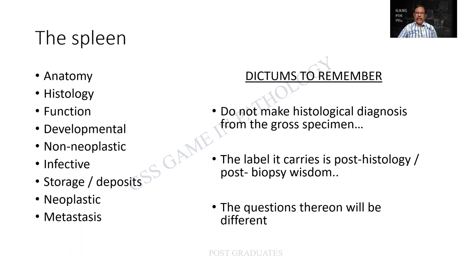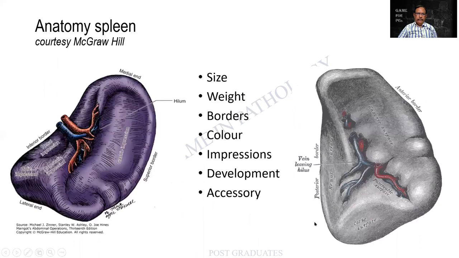Sometimes there might be a tag attached to a wet specimen, or a label on the mounted specimen. Please do not go by it. Once we identify the organ or the lesion, the questions thereon will be different. So please do have these dictums in mind.